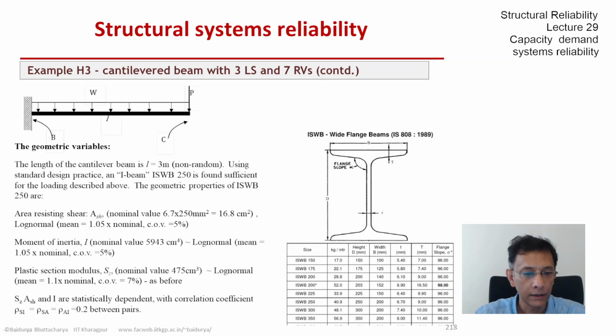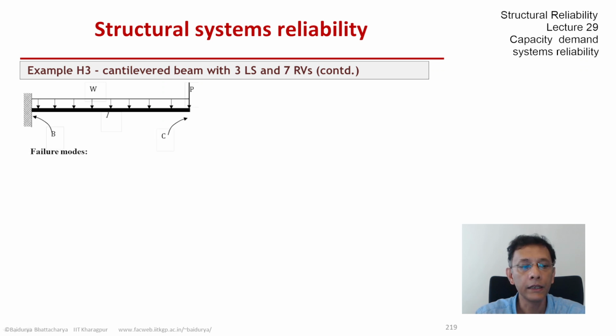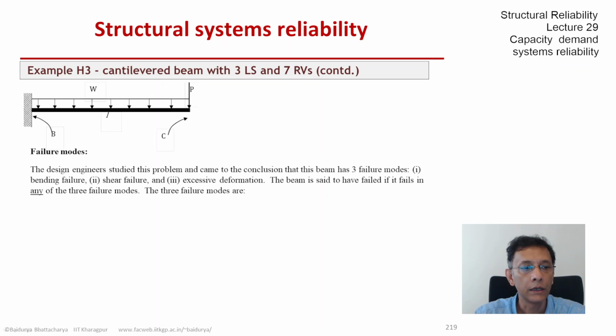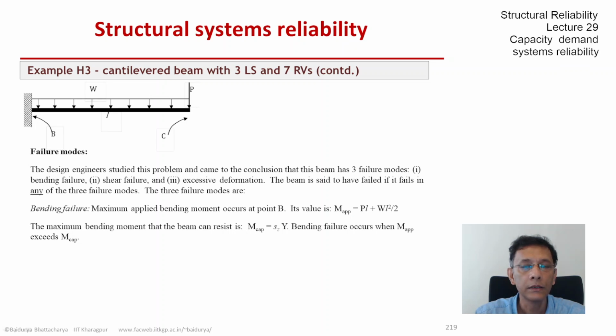and then the failure modes. So after defining these 7 random variables, the failure modes, there are 3 of them, as we have already discussed in the previous example: flexural failure, shear failure, and deflection failure. And these are the forms of the limit state equations.